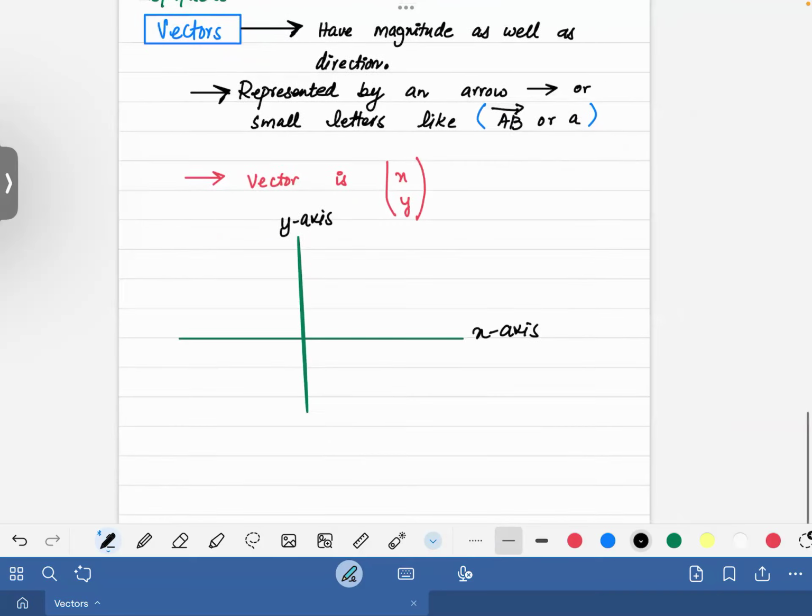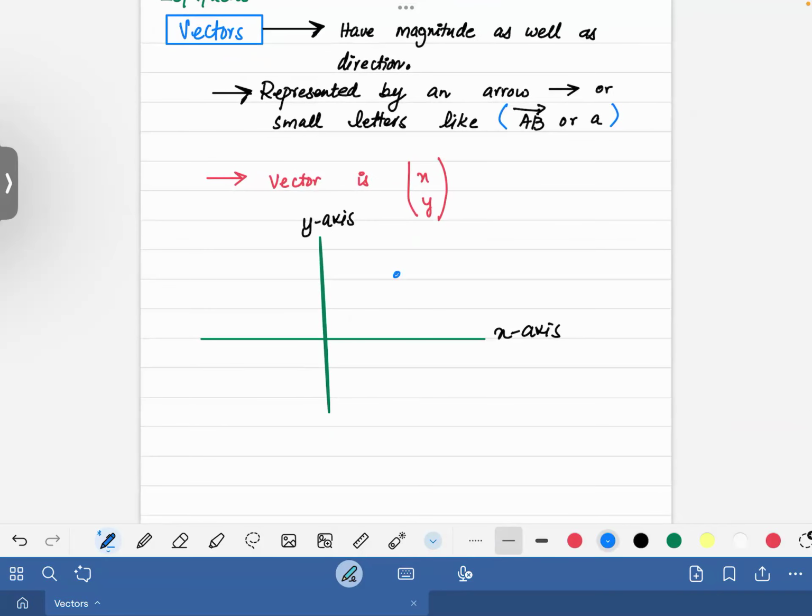And we have specific coordinates here and there. We know that this is my first quadrant. We studied this in coordinate geometry. This area is my second quadrant, this area is my third quadrant, and this area is my fourth quadrant.